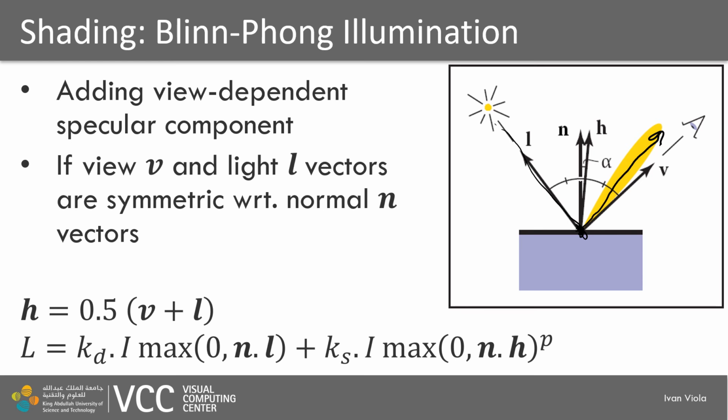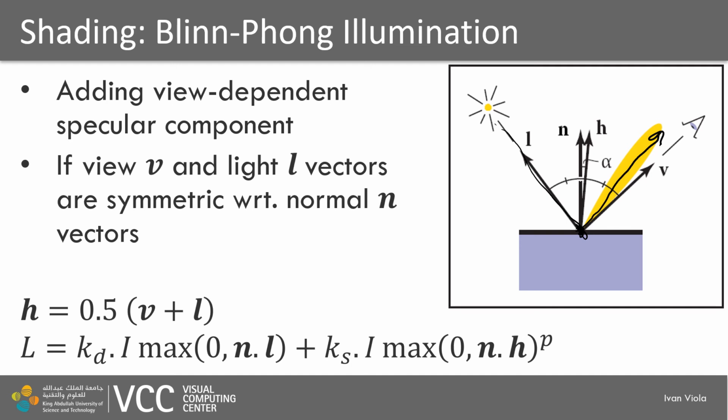So if the light vector and view vector are a reflection of each other against a normal vector, then this component will be the strongest. And the more they deviate from this reflection, the smaller this component will be.